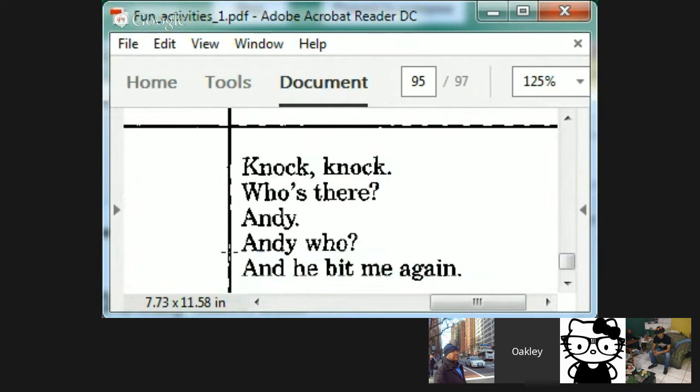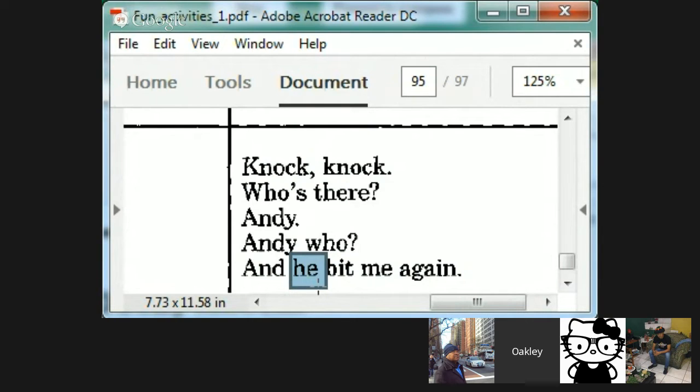Okay, so this is the form we're looking at. Why is it a pun? What gets reduced here, Philip? Which word gets reduced? "And he beat me again."